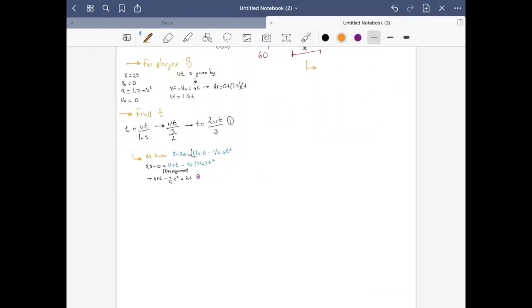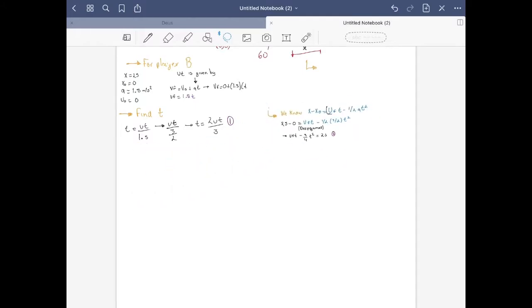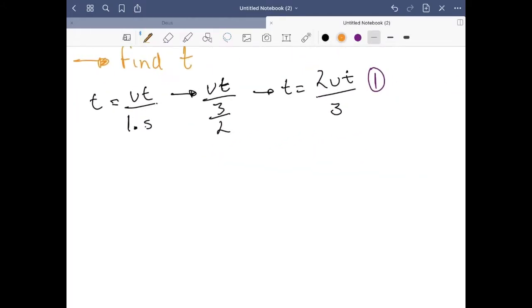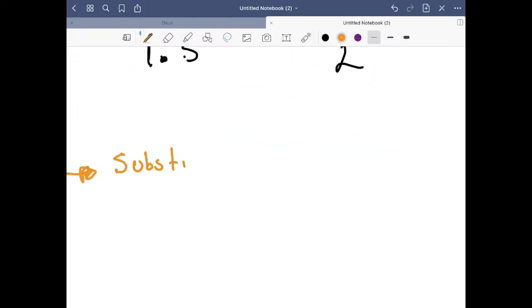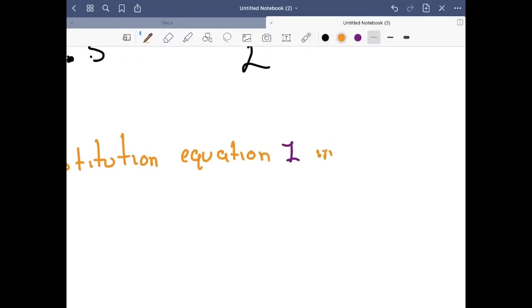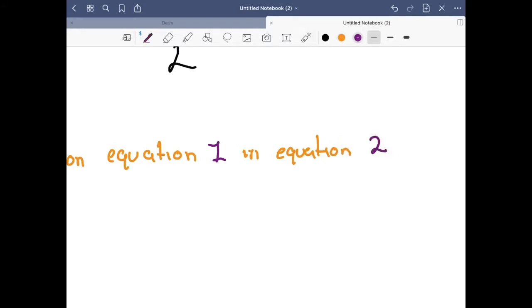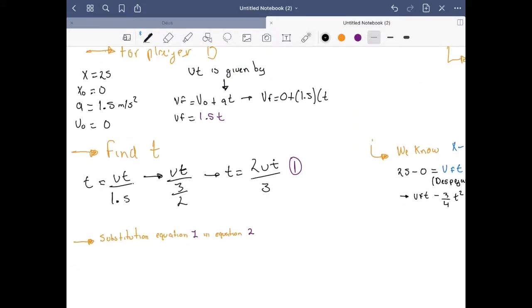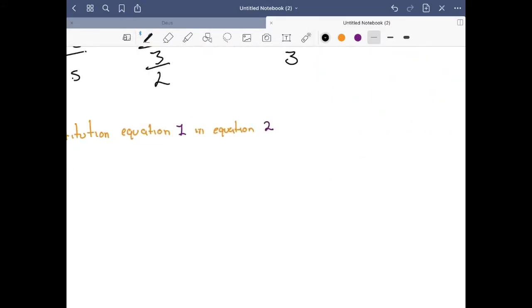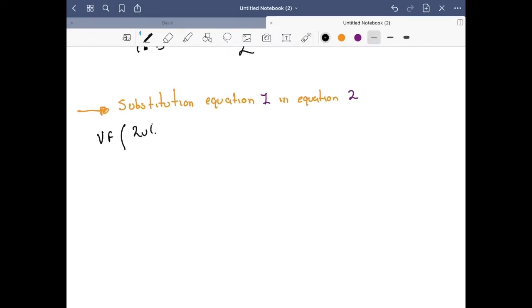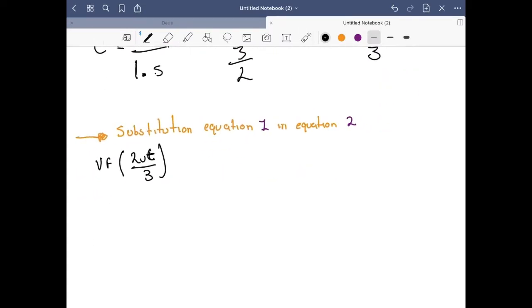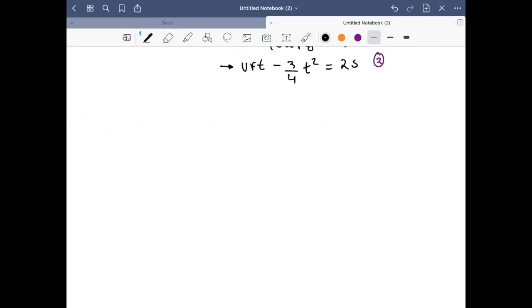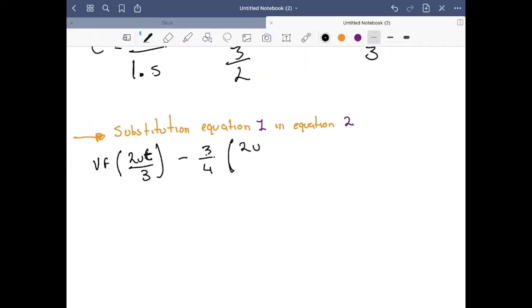So now I have two equations, number one and number two. And what I'm going to do, simple, I'm going to calculate the final velocity by substituting equation 1 into equation 2. My objective in this step is to eliminate the variable time.